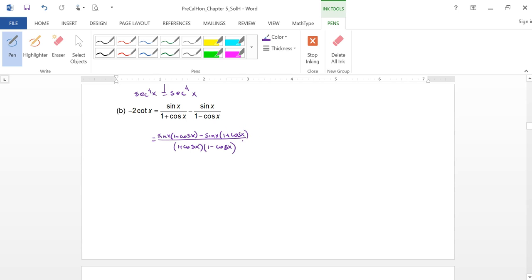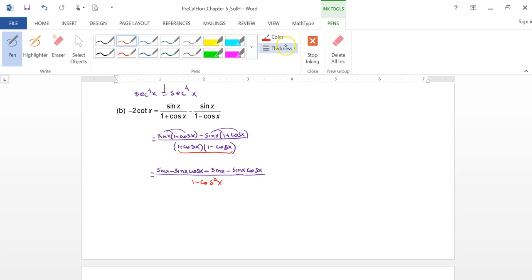I'm going to do a couple things at the same time here. I'm going to distribute the top. We did that in the last section. Sine x minus sine x cosine x minus sine x minus sine x cosine x. Now, the denominator is 1 minus cosine squared x.